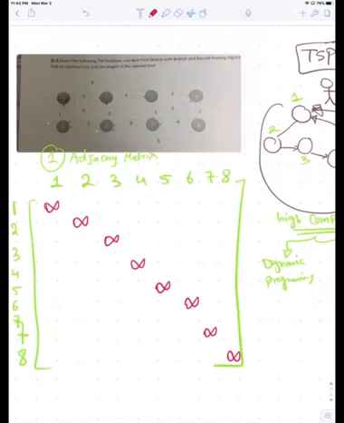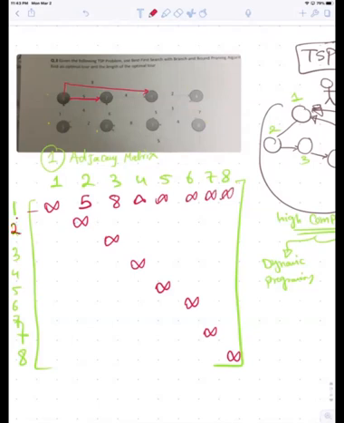Then the way we complete that matrix is by identifying the paths. From 1 to 2 is 5, from 1 to 3 is 8, and from 1 there is no path to anything else, thus the rest will be infinity.